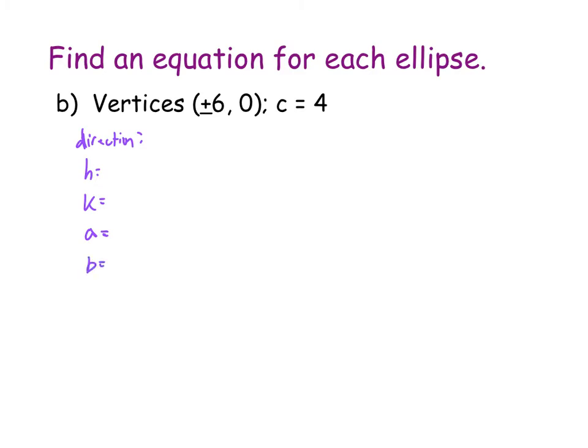So I'm going to go ahead and draw this out again, just to kind of get a feel for it. So I think that visualness really will help a lot of you guys. So I suggest you guys do this for yourself. So those vertices being at 6 and negative 6.